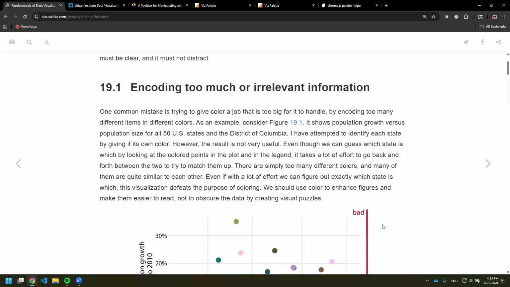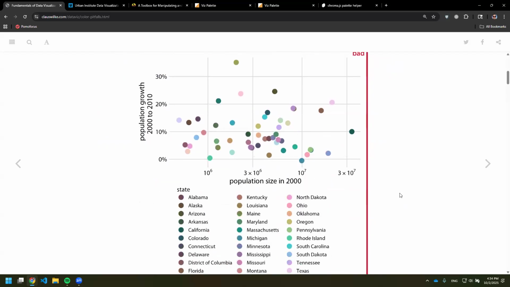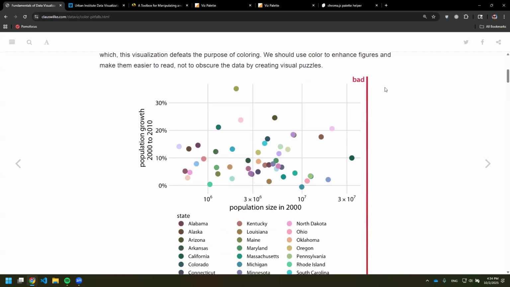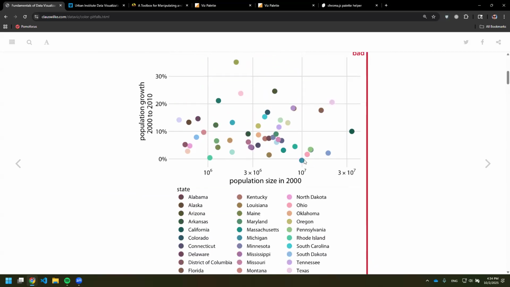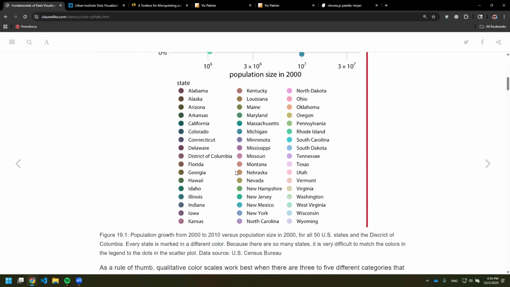And so one is that you can use color for too much, and I think the author puts here "bad." I feel like if I were writing this book, I would just write "no. Don't do this," because this is really awful to have all of these hues, each one representing an American state.